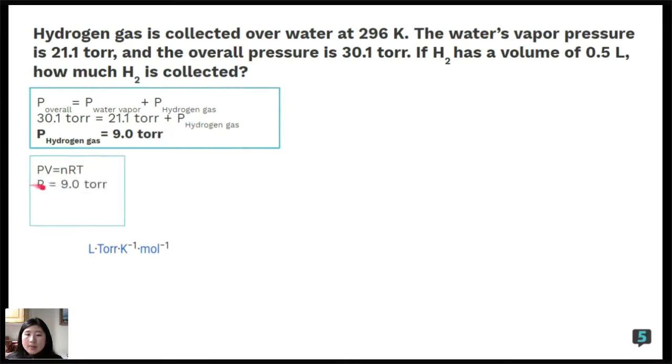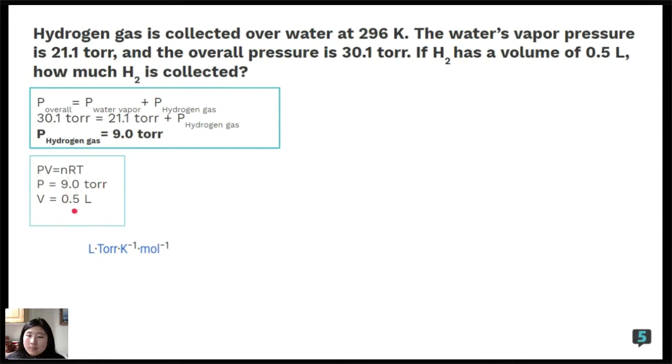All right, so we're trying to find the n of hydrogen gas, the number of moles of hydrogen gas that we have. So we know that P is 9.0 torr because we're talking about hydrogen, and we know the volume is 0.5 liters.